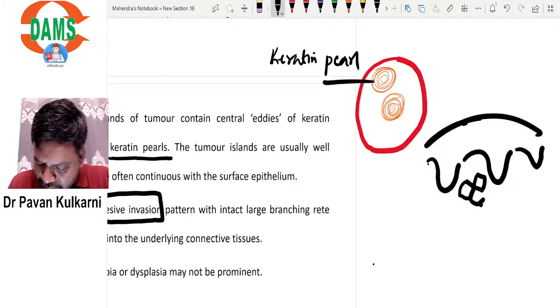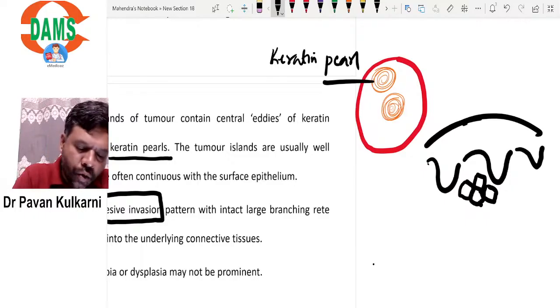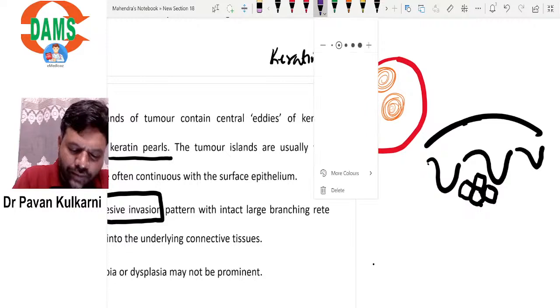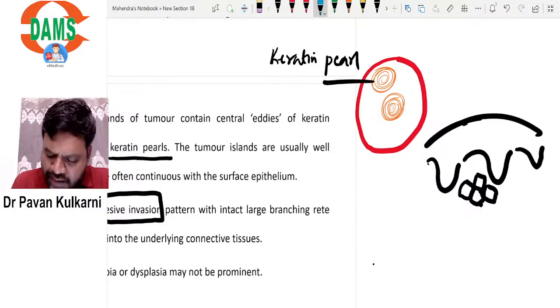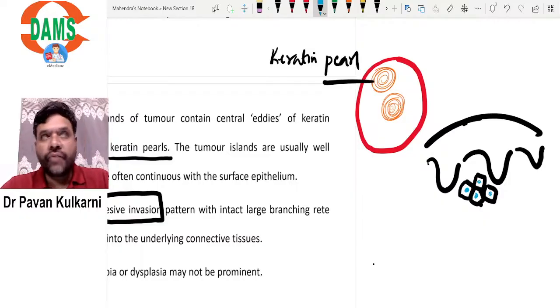What do you mean by cohesive? They are attached to one another. That is called the cohesive nature of the well differentiated squamous cell carcinomas.